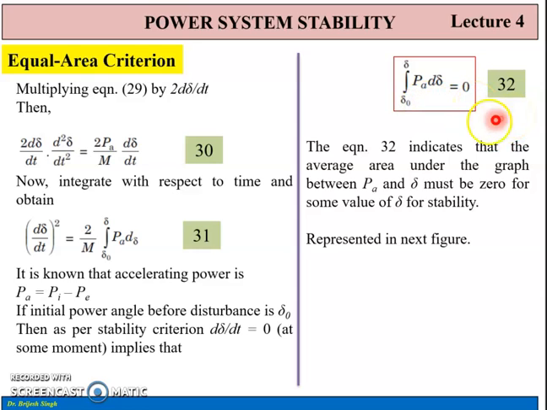This is equation number 32. So equation 32 indicates that the net area under the graph between Pa and delta must be 0 for some value of delta for stability, which is represented in the next figure.